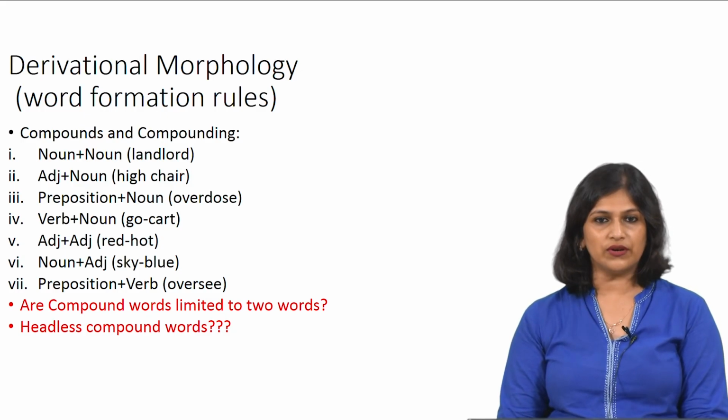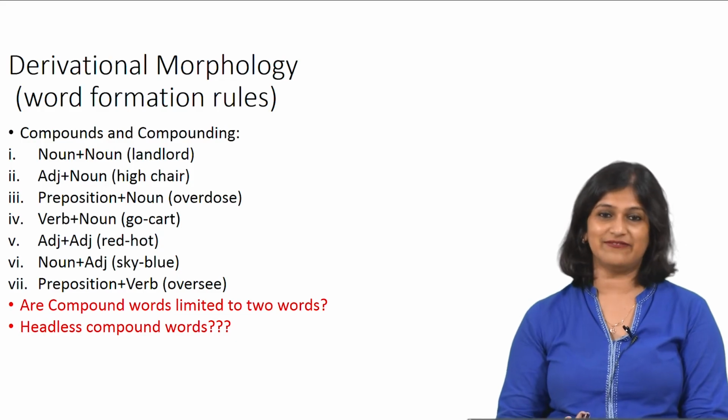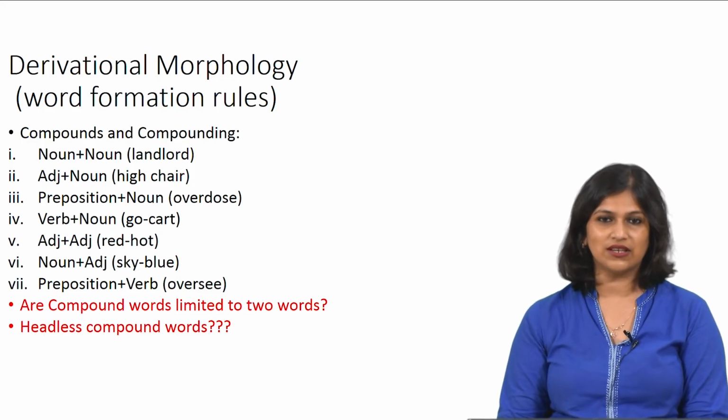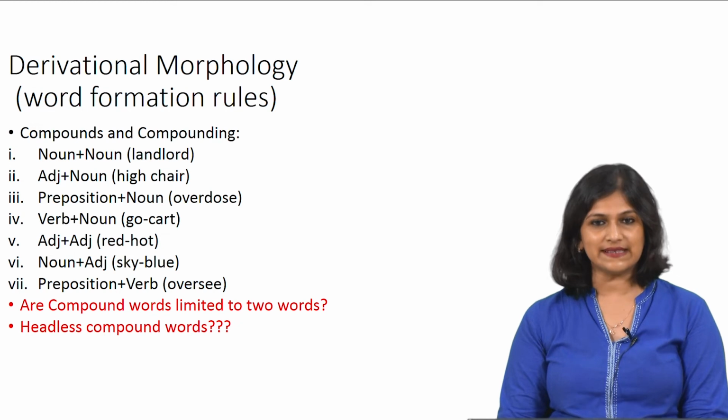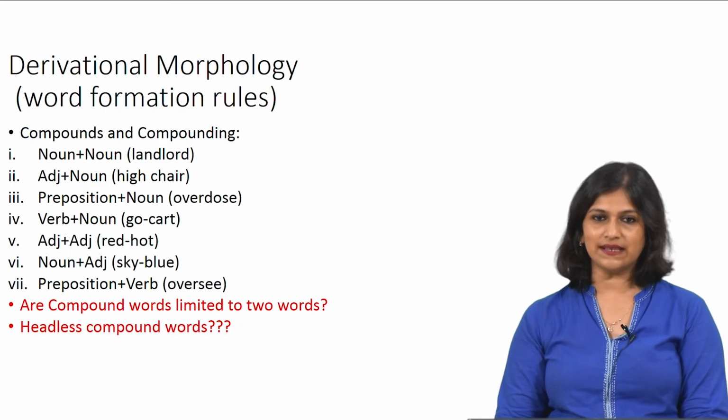Then we have overdose. My hunch, or my native-like fluency that I have in English, though I am not a native speaker, says that dose is the head word, and overdose means the dose has become over, that it is beyond the required amount. But in case of go-karting, I am not sure.